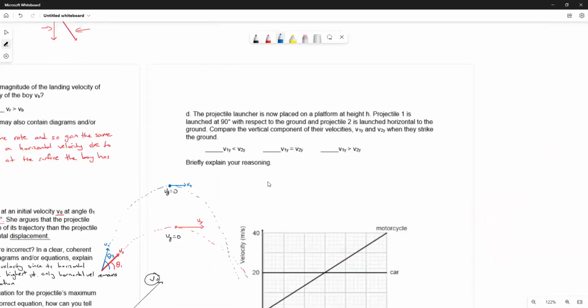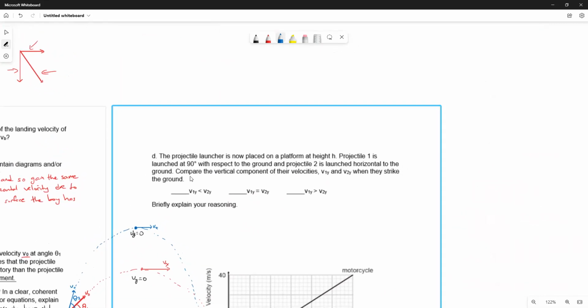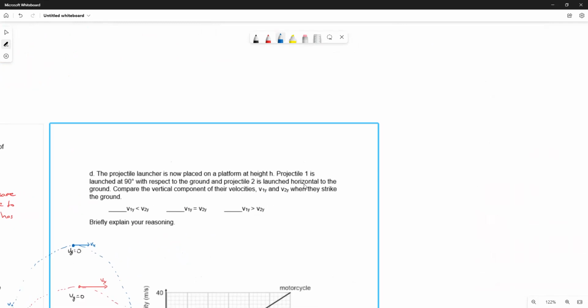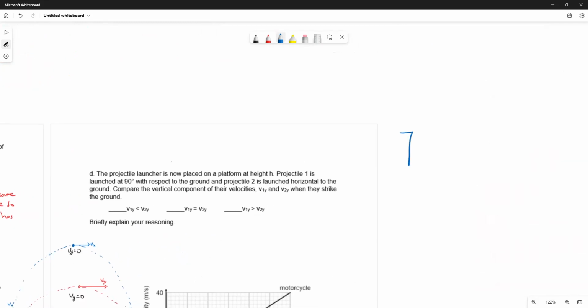or speed. Okay. The last part of this problem is, so they're now placed on a platform. Think of it like this: platform of height H. The first object is launched upwards with some velocity in that direction, and then the second object is launched horizontally, like this, with, I don't want to clearly state whether one's greater or less, but some other velocity to the right.